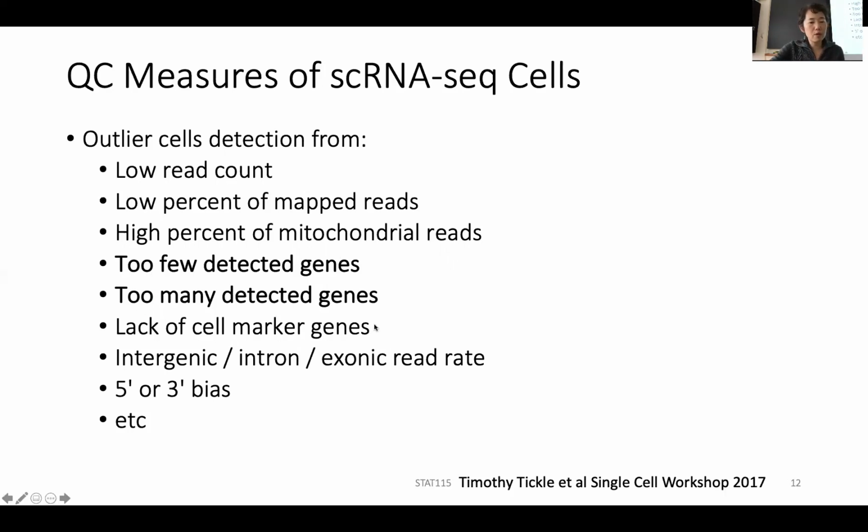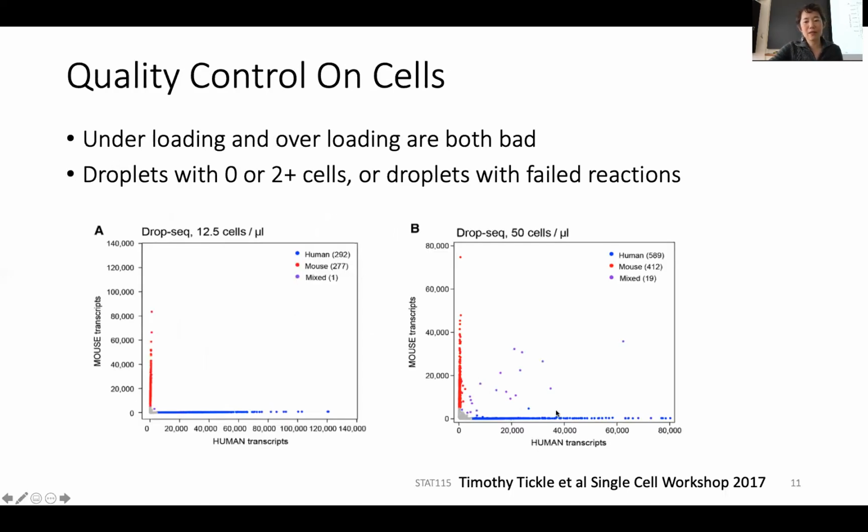What we will be using mostly is whether you detect too few genes in one cell or too many genes in one cell, because this experiment is kind of a calibration experiment. Once you do your samples, you never put human and mouse samples in the same run, right? You always do just your own, say, a bunch of tumors going through treatment or whatever.